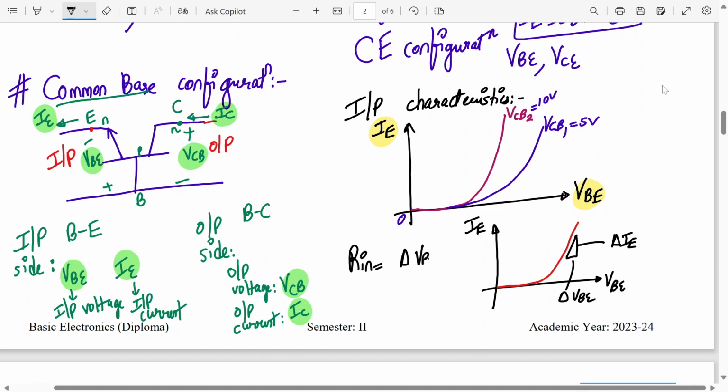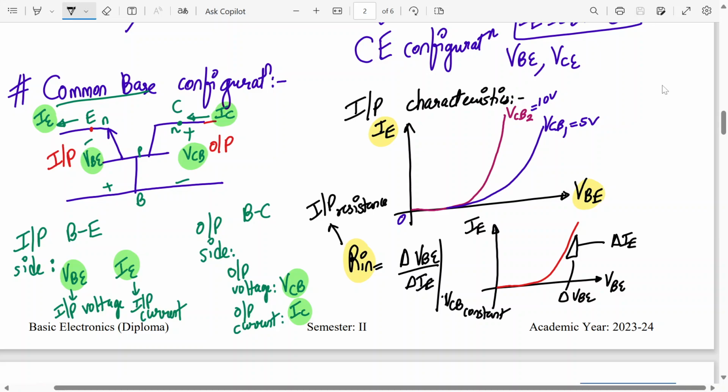Delta VBE upon delta IE. Change in voltage upon change in current at a constant VCB value. So this graph will give me information about input resistance of the BJT in common base mode. समझ में आया? So this is my input resistance. So you should also know what information this graph gives you. This gives me information about the input resistance of the BJT in common base mode. समझ में आ रही है बात? Hello?